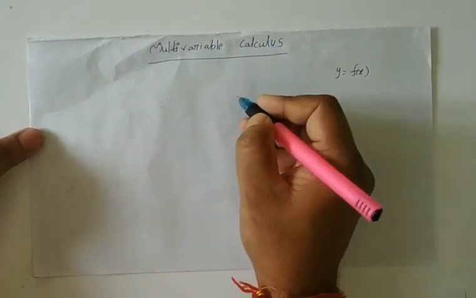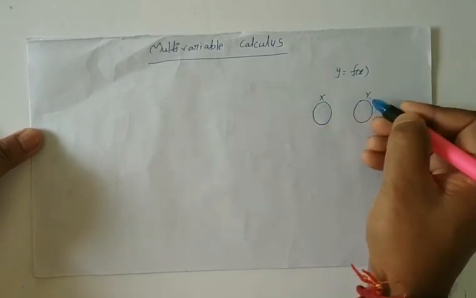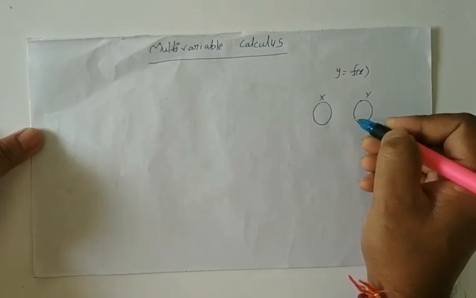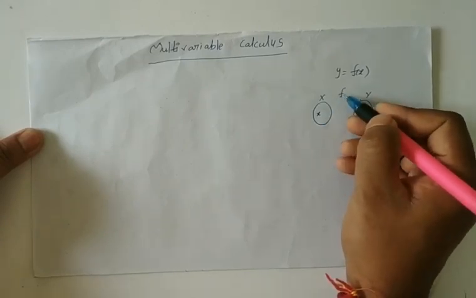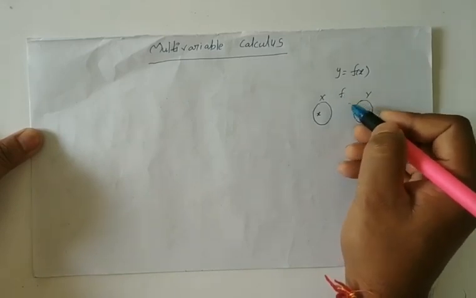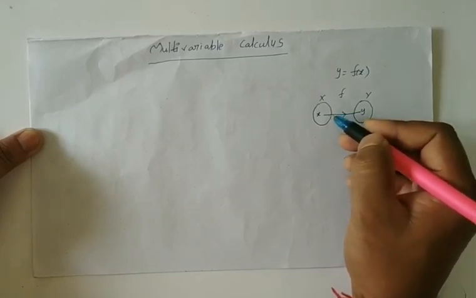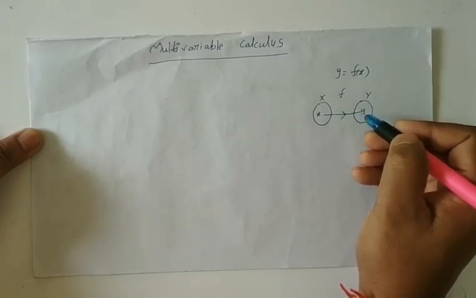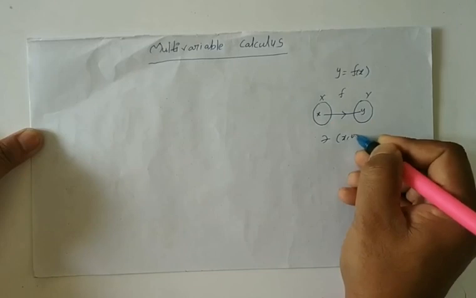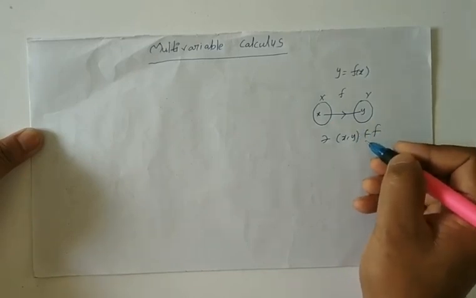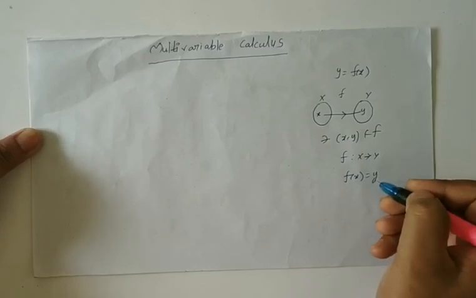For this we need to consider X and Y be two non-empty sets, and here small x belongs to X, small y belongs to Y. Then the function f from X to Y can be defined as a relation from X to Y which satisfies the condition: for every x belongs to X, there exists a unique y belongs to Y such that (x, y) belongs to f, which is denoted by f from X to Y, or f of x is equal to y.